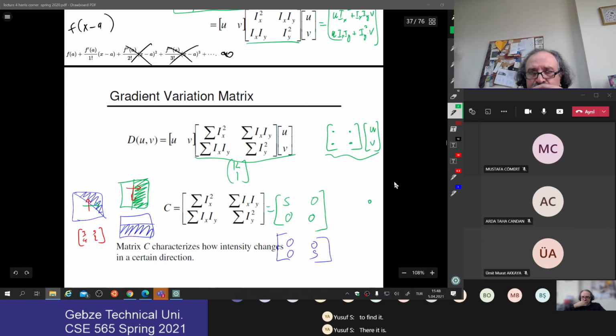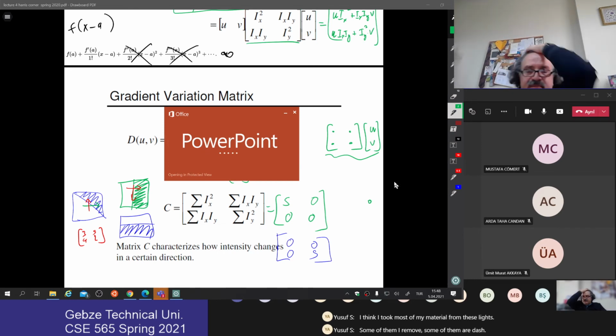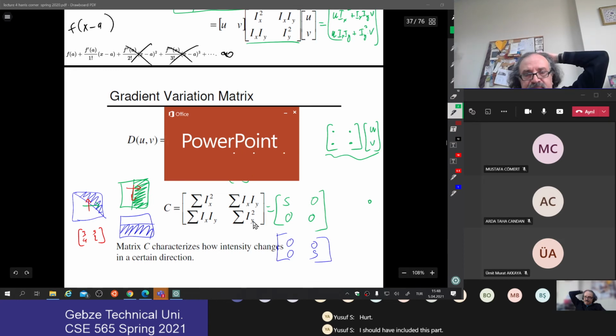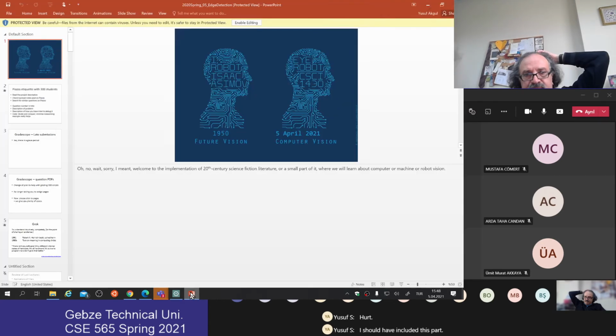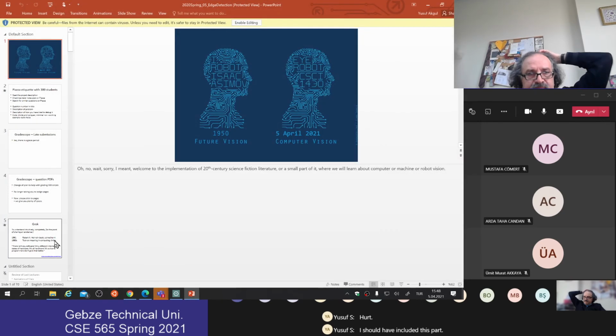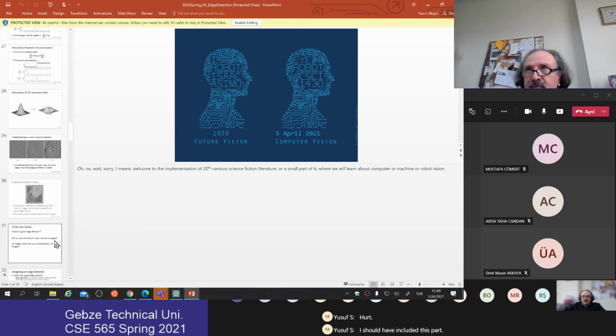I think I took most of my material from these slides. Some of them I removed, some of them are there. But I should have included this part. This is edge detection.